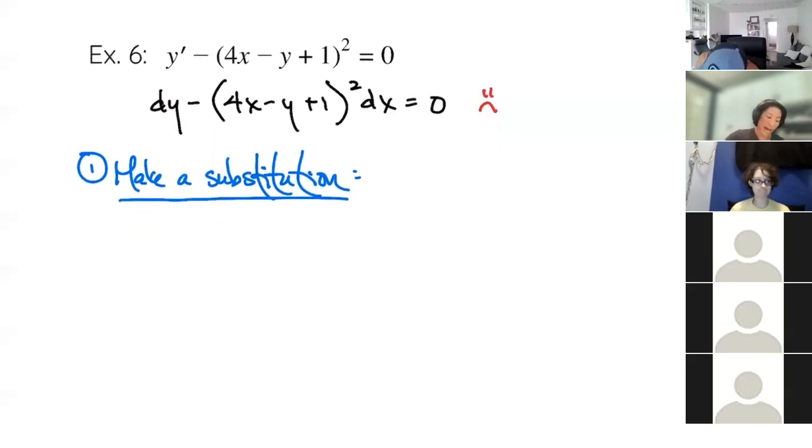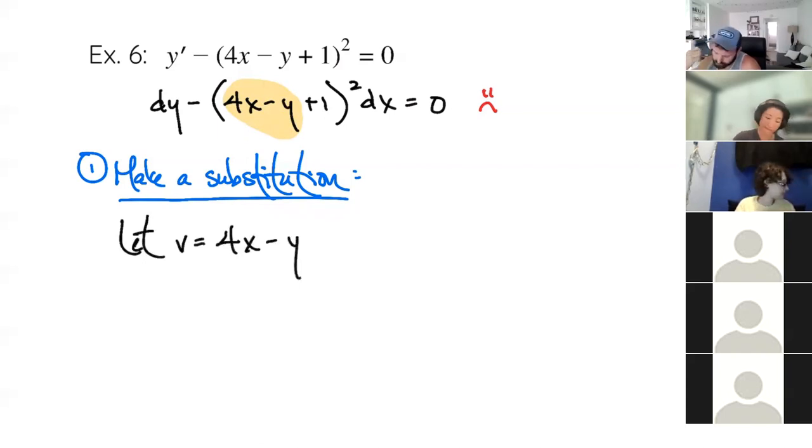In particular, let's choose to take 4x minus y, and I'm going to give it a different name. Okay. So let's let v equal 4x minus y. All right, so that's the different name. We're going to call it v. V is 4x minus y.